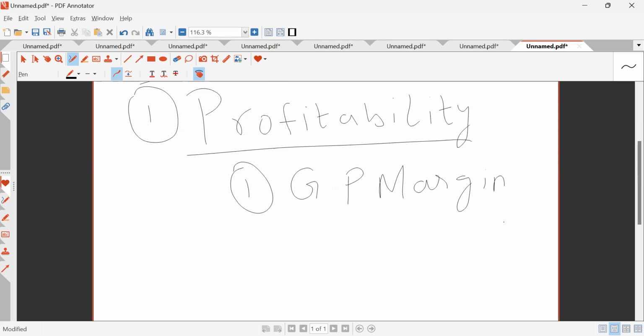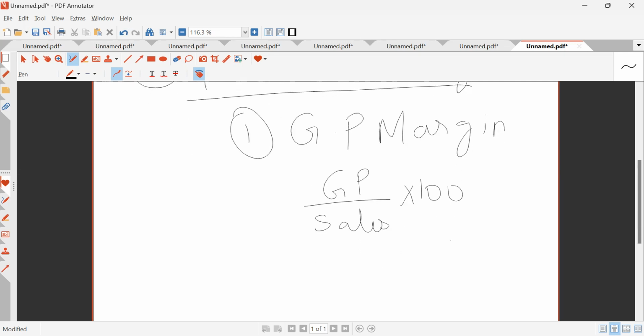The formula for gross profit margin is gross profit upon sales multiplied by 100. And we know how we calculate gross profit.